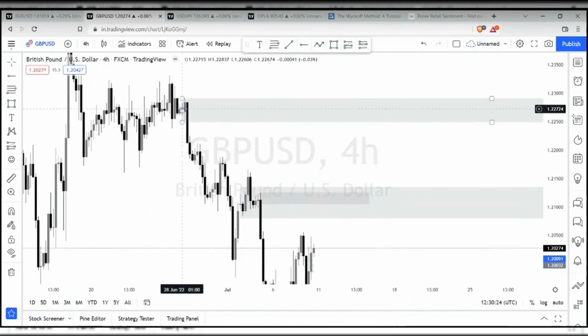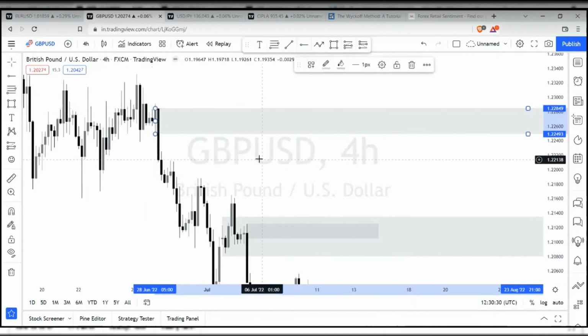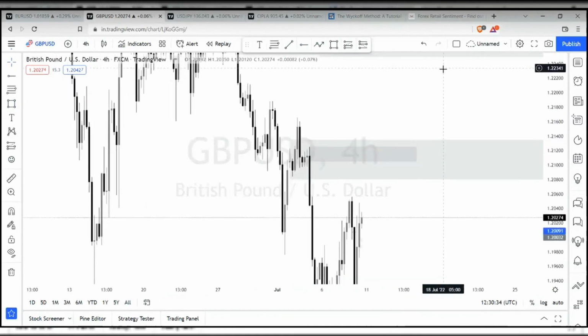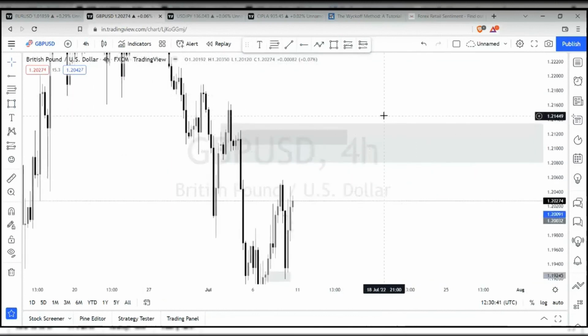And you can refine this. You do not need to include this wick, okay? This is another day we'll talk about, not today, how to refine order blocks in a correct manner, because I see that lots of people are teaching the wrong way. So this whole zone is the supply zone. However, I have already refined this to only this area.